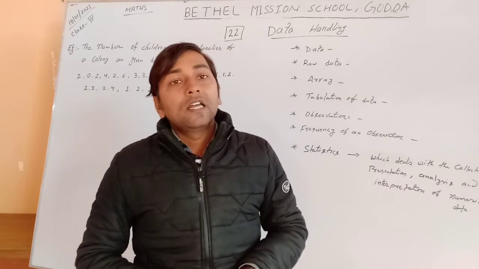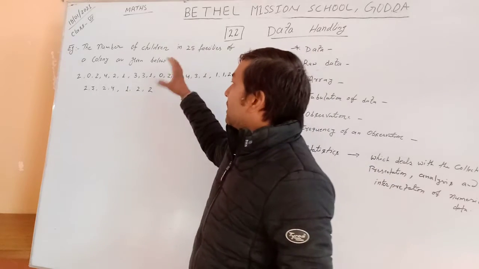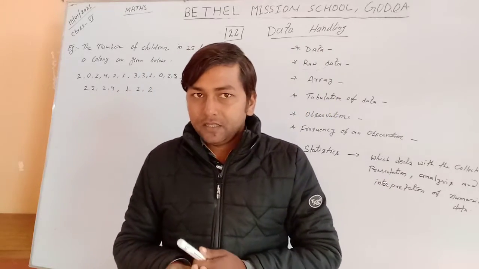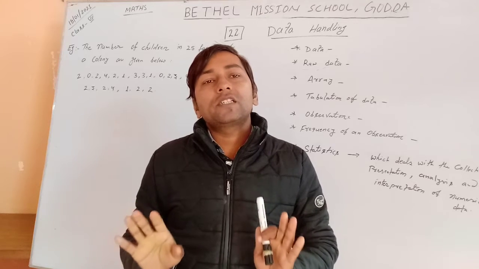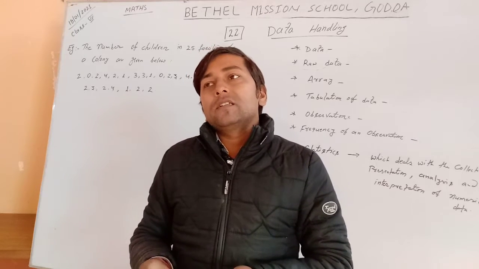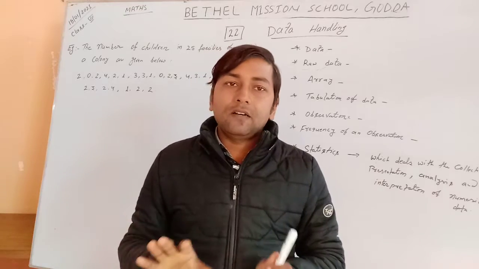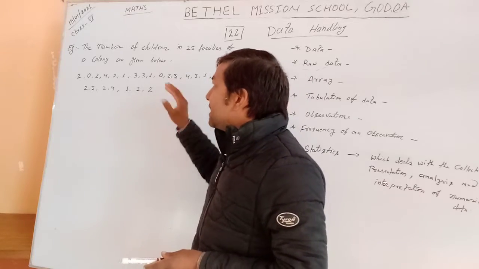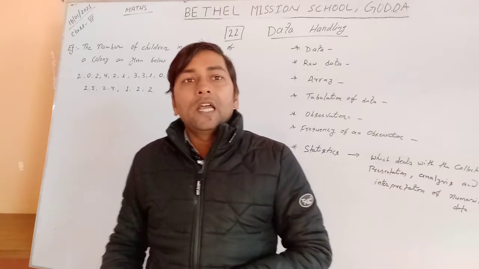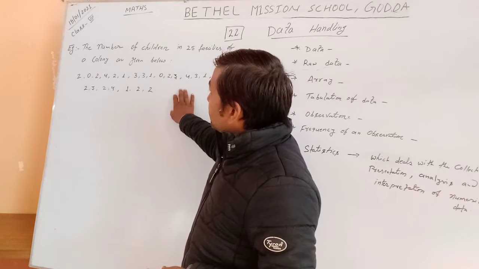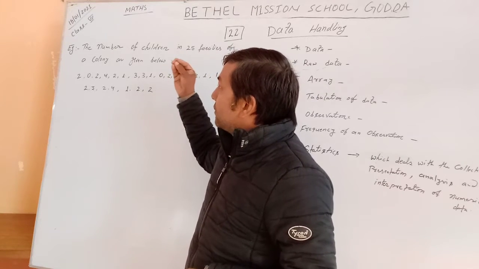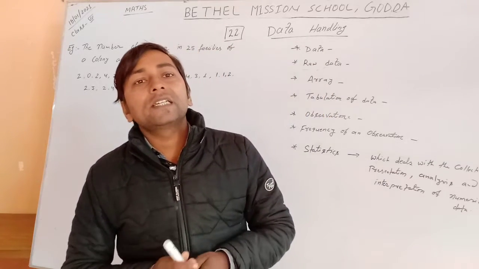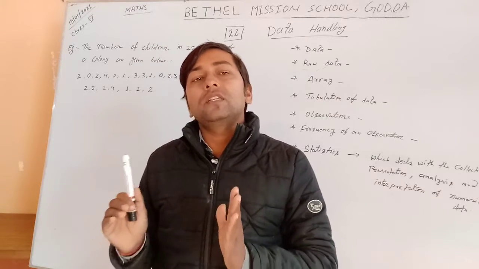What is raw data? Raw data means when the data is given as it usually is, with no change. If you don't change anything, you can say it is the original data whatever you got, this is known as the raw data. When you change it, when you write this data in ascending order or descending order, it is known as an array. Third is the array.